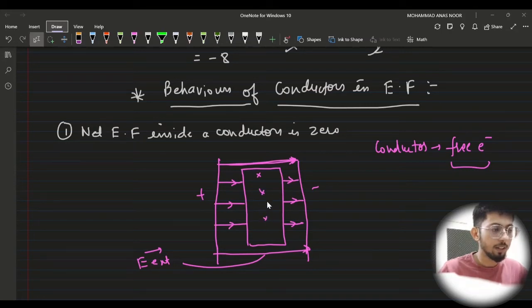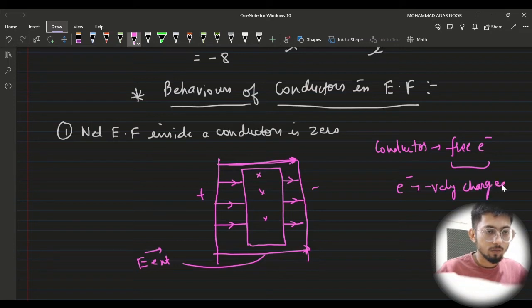Why does that happen? When you place a conductor inside an electric field, as I told you, conductors have free electrons. The electrons, which are negatively charged, will get a force due to this external electric field. Those electrons would move in the direction opposite to the field because they are negatively charged particles.